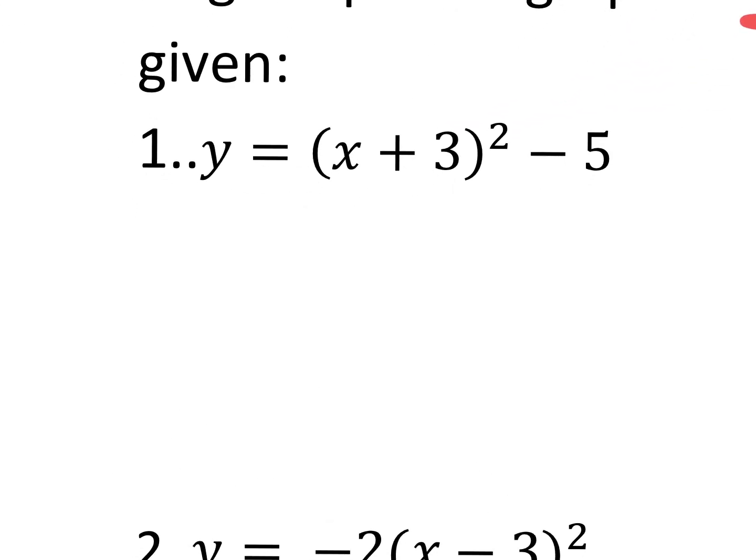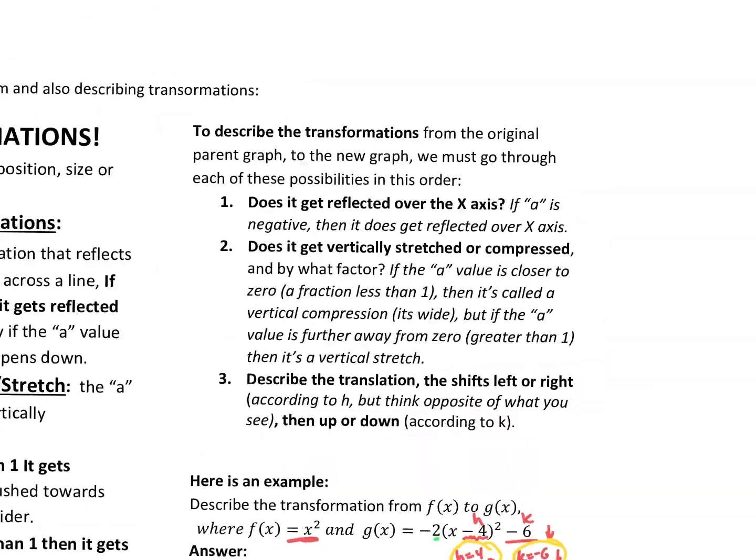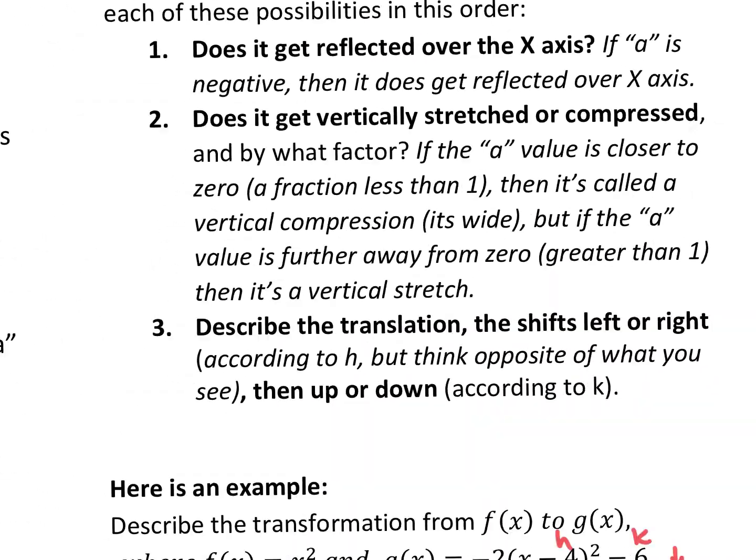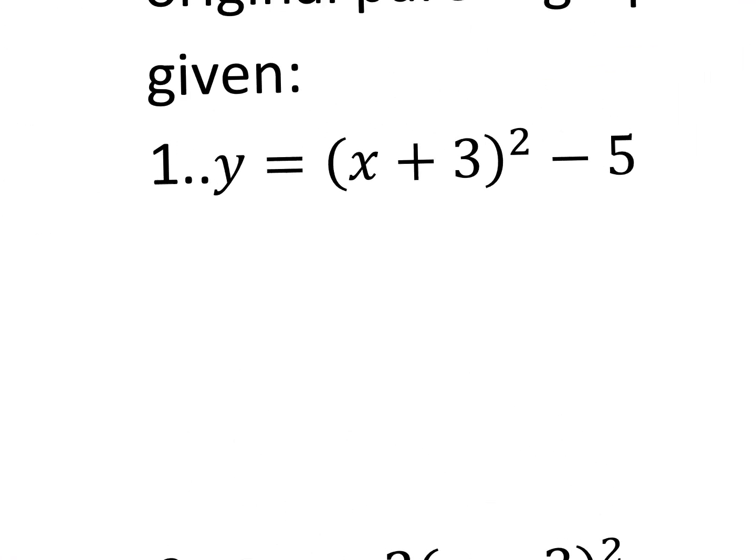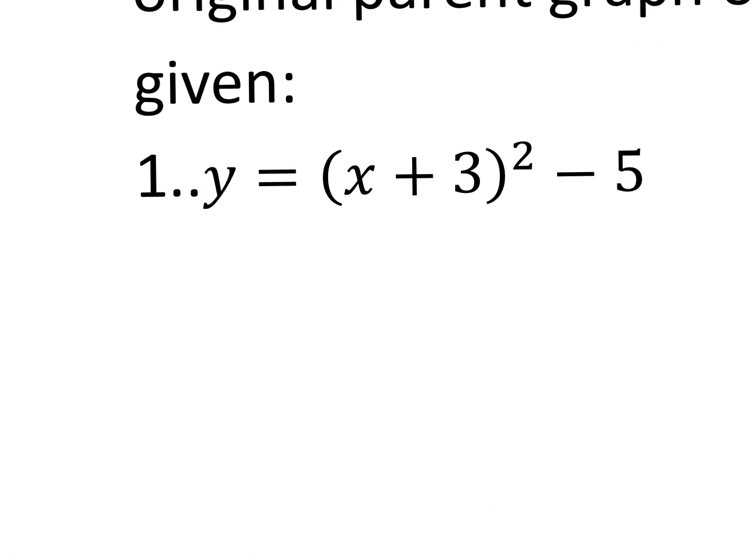The question number 1 that you should ask is, does it get reflected over the x-axis? Well, let's take a look at our A value. Our A value is what tells us if it gets reflected or if it doesn't get reflected. It also tells us if it gets vertically stretched or compressed, or if we don't mess with it because it doesn't get wider or narrower, it stays the same.